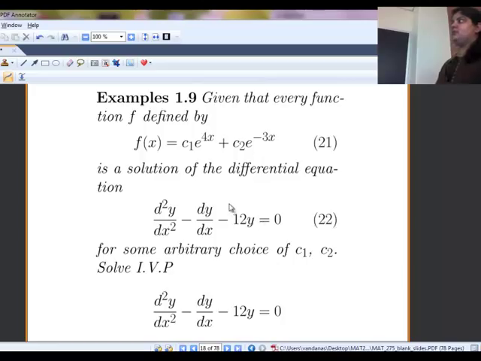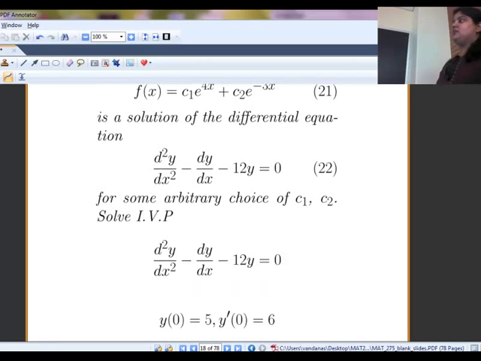You have to find these arbitrary constants C1 and C2 by imposing extra conditions, which are y at 0 is 5 and y prime at 0 is 6. So now you are given initial conditions. First you are given a family of solutions of a differential equation. Now with the help of these initial conditions, we will determine the unique solution of this whole problem.